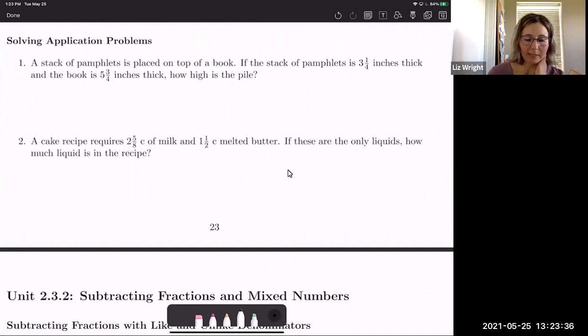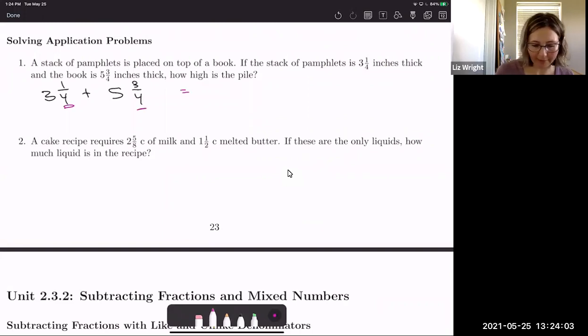So here we've got a stack of pamphlets. It's placed on top of a book. If the stack of pamphlets is 3 1/4 inches thick and the book is 5 3/4 inches thick, how high is the pile? So this one's not so bad. This one we're taking 3 1/4 and we're adding 5 3/4 to it. And we already have a common denominator of 4.